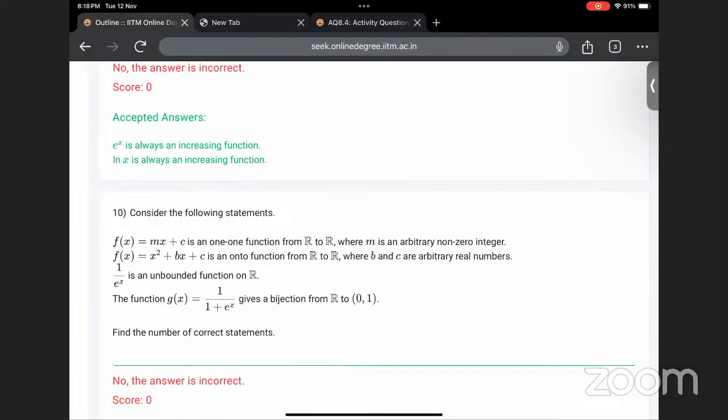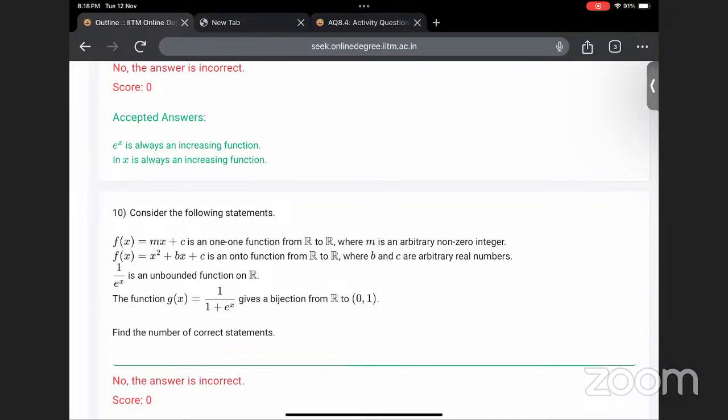It is a parabola in the upward direction, right? Because the coefficient of x square is 1, which is positive. For a parabola in the upward direction, we get a minimum point, which is its vertex. So there are some points less than the vertex which the parabola will never attain, and for those points we cannot find any pre-image.